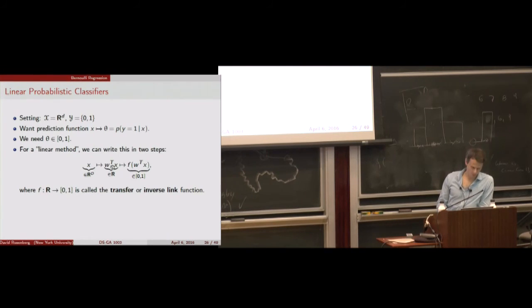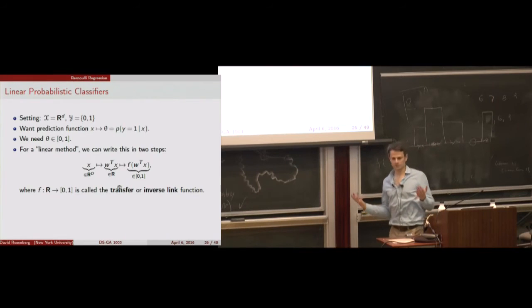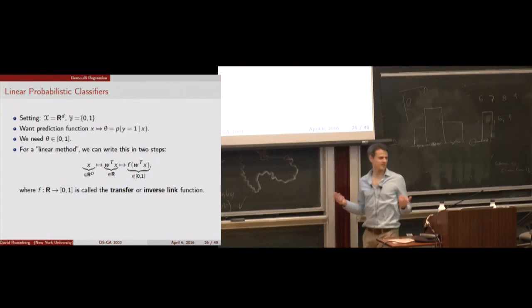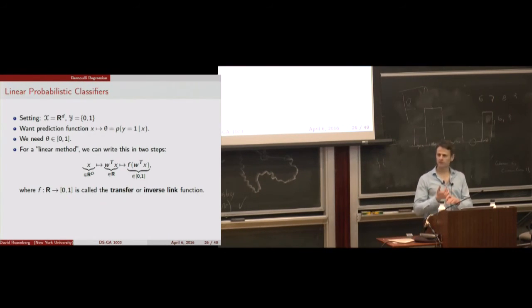That gives us a single number, which is kind of like a score. It's a real number. And then we transform that score into something between 0 and 1 with something called a transfer or inverse link function, f. It's just a function that maps this thing into 0 to 1. We're free to choose an f that we like, and different choices of f give different types of models.